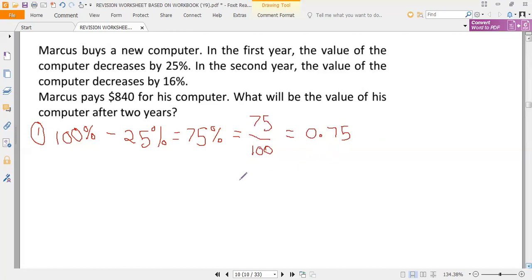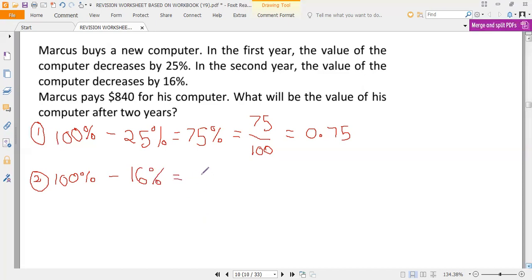That's the balance. We straight away do the decrease for second year. So in the second year now, originally it was 100%. For second year, it decreases by 16%. So because it decreases, we minus 16%. If it increases, then we have to plus 16%.